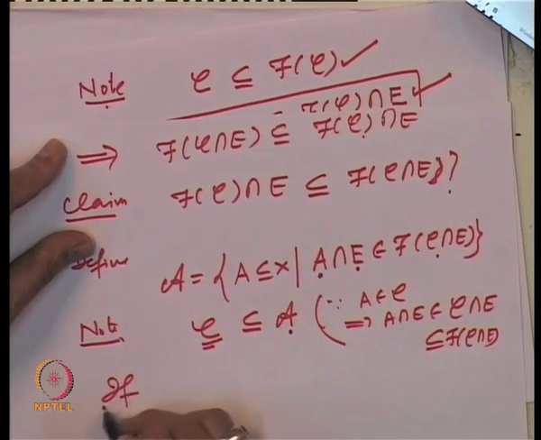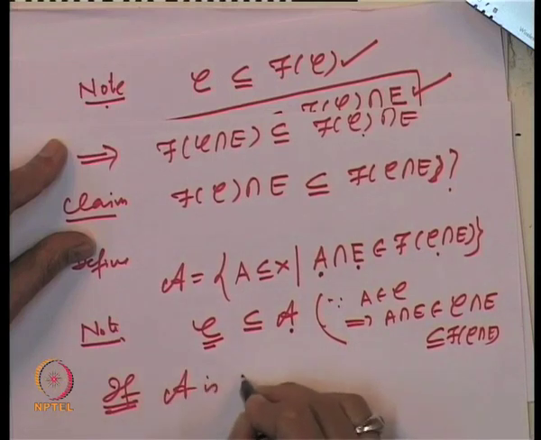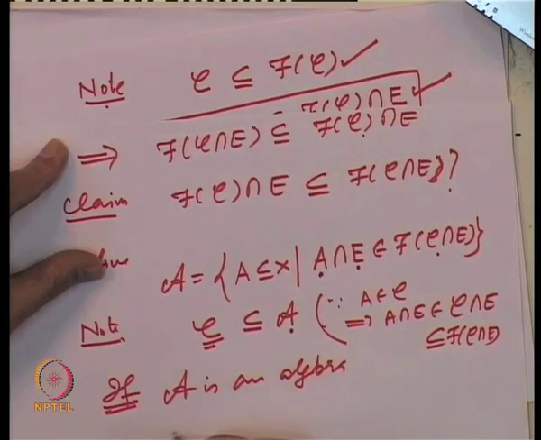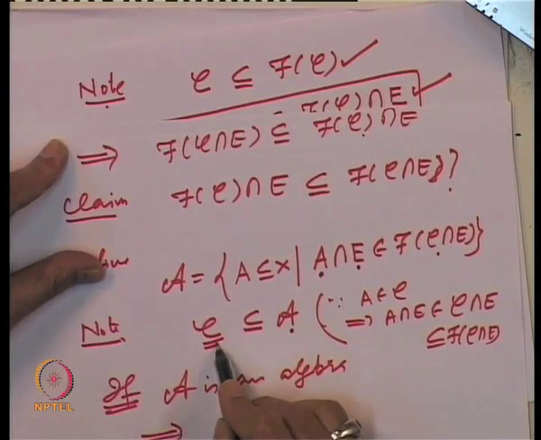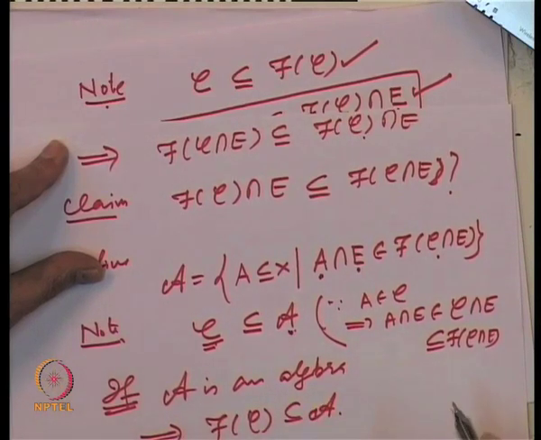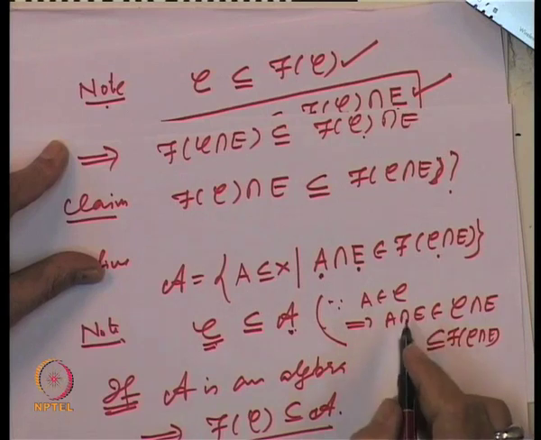So, if A is an algebra, what will this imply? C is inside A, and A is an algebra, that will imply f of C is inside A. But what is the meaning of f of C is inside A?